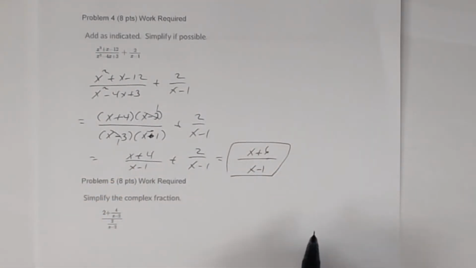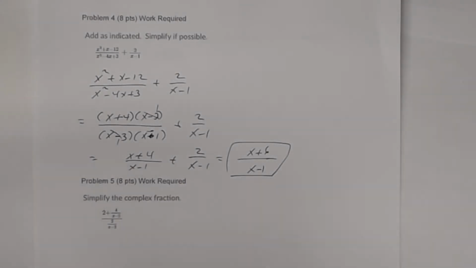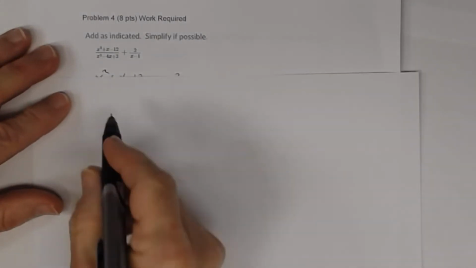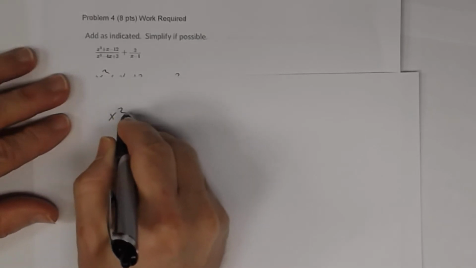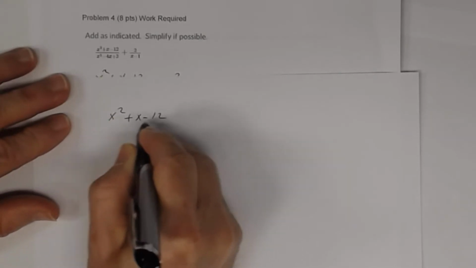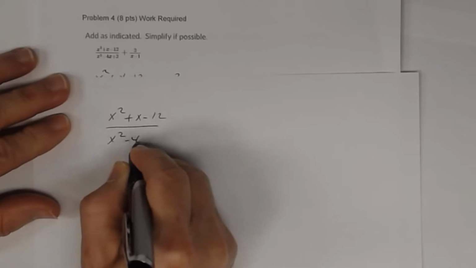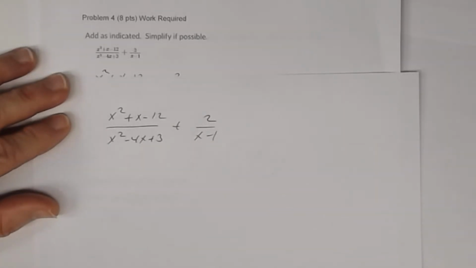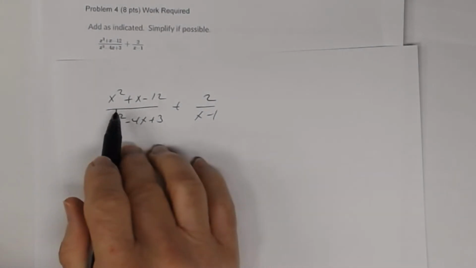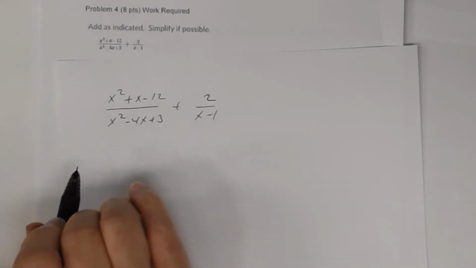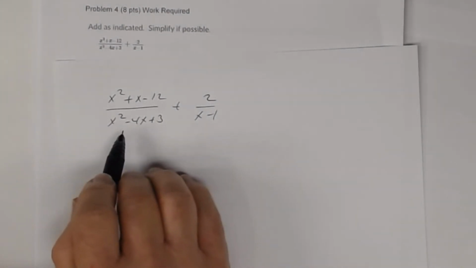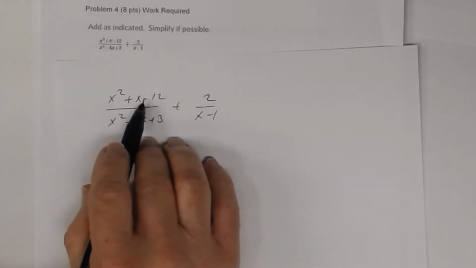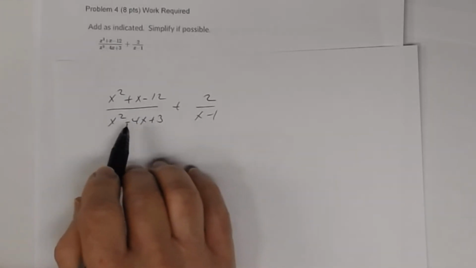So there's the answer. Now another approach, let me go ahead and use another sheet of paper. This is x squared plus x minus 12 divided by x squared minus 4x plus 3, plus 2 divided by x minus 1. Let's suppose that you did not factor the numerator, but you had to factor the denominator.